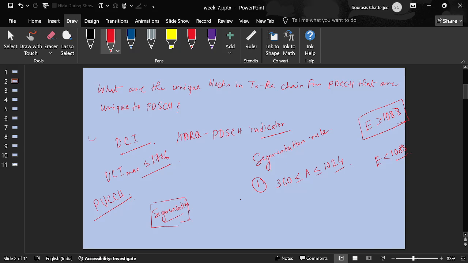So the idea is as follows. Intuitively we can see, since A is less than 1024, why should we go for segmentation? Of course we can transmit it: if A is between 360 and 1024, then we write N bits, where N is 1024, the maximum polar encoder output length, and I'll just repeat E minus N bits.